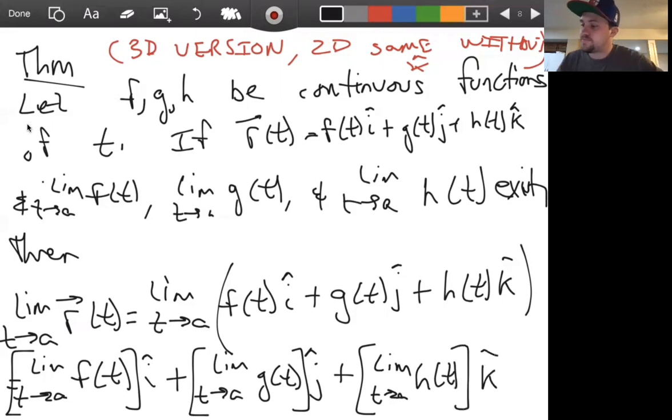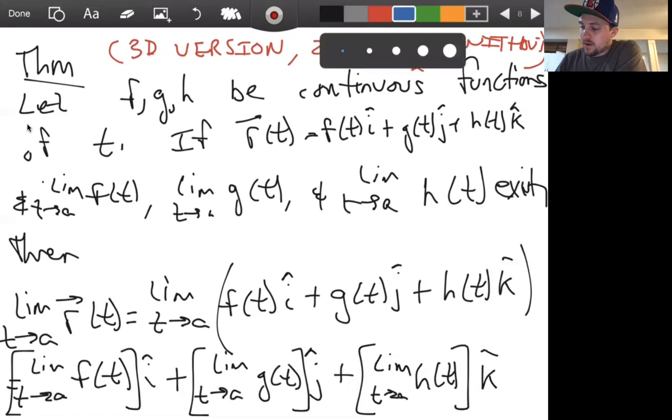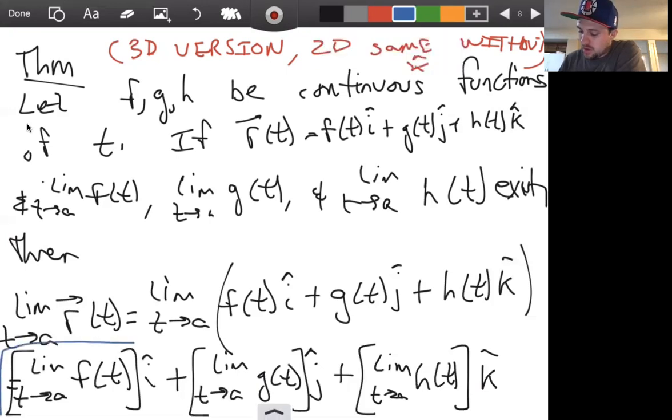So this theorem says that to compute the limit of a vector valued function, you just have to compute the limit of each component. You look at the function of a single variable in each component, you compute their limits, and that vector is the limit vector. So here, what I have at the very end, I'll box it in blue.